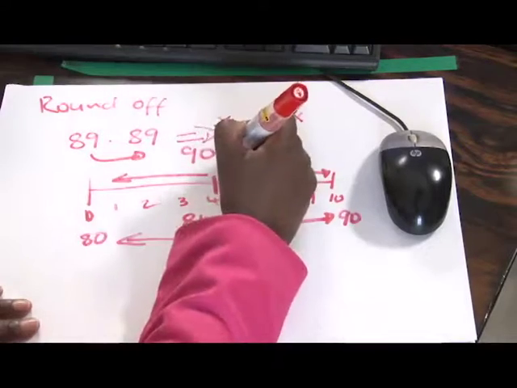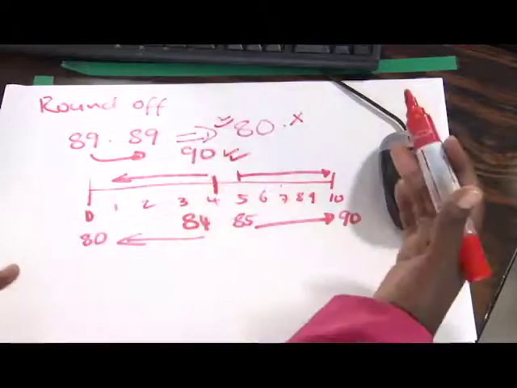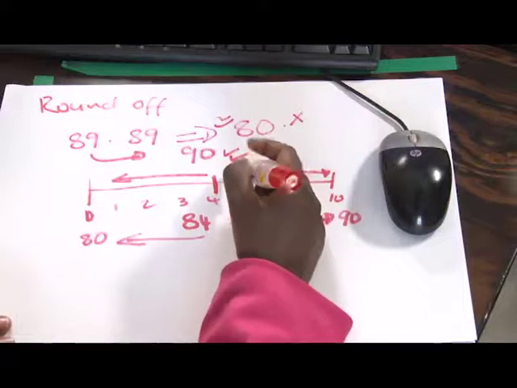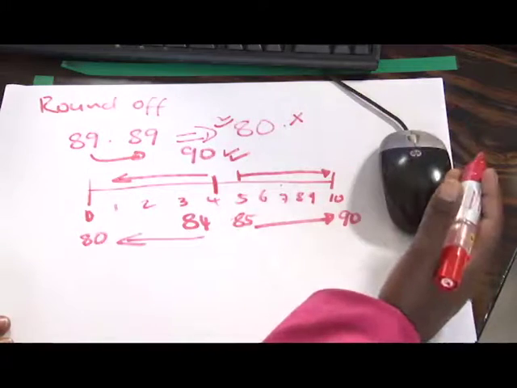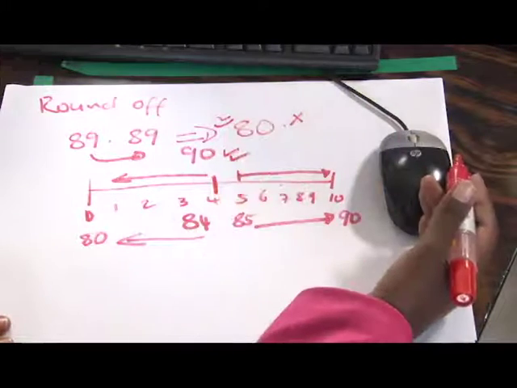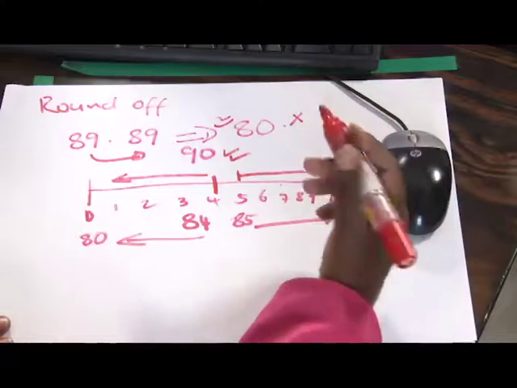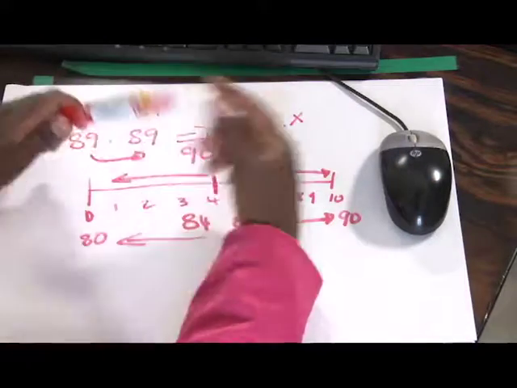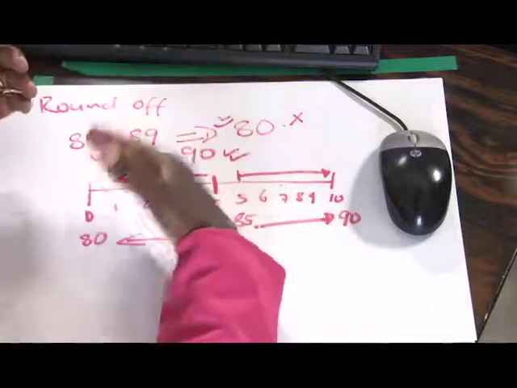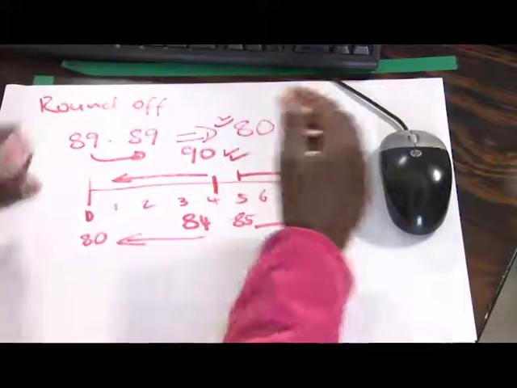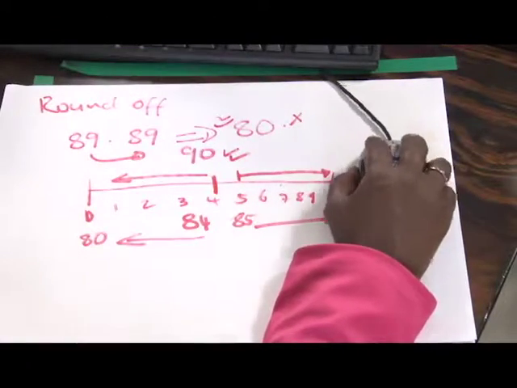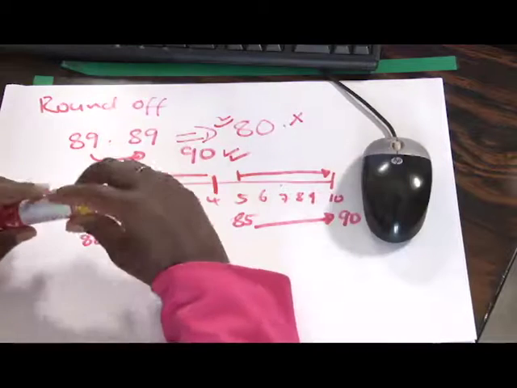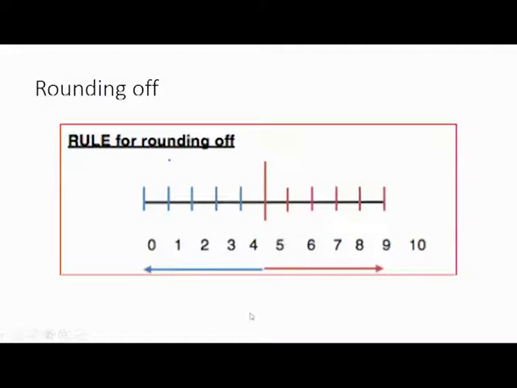This would be the correct answer because you are rounding it off to the nearest 10. Whenever it's 5 and above, you round it up. And the other one, you round it down to the nearest 10 when it's 4 and less. That is just a basic rule of rounding off.